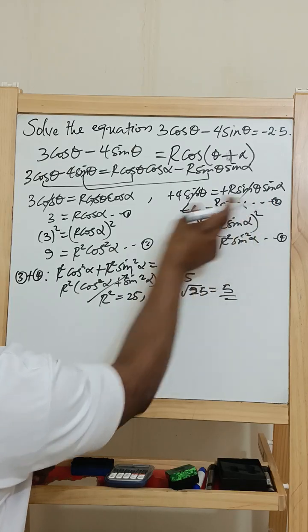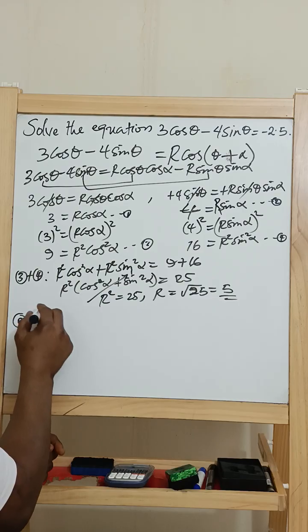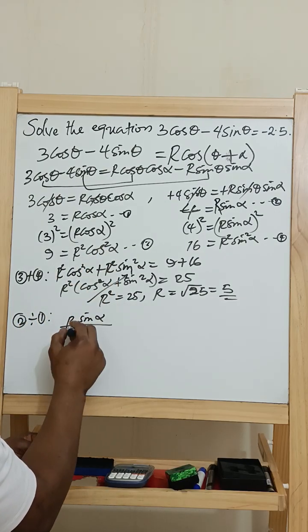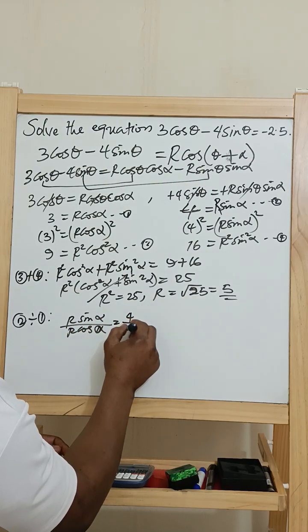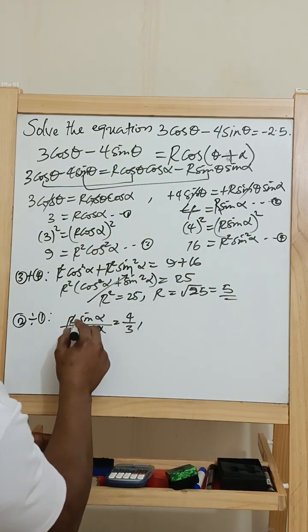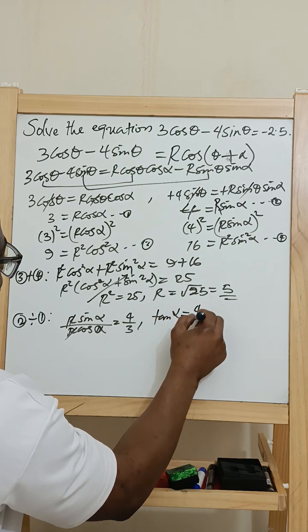So we say equation 2 divided by equation 1: r sine alpha over r cos alpha equals 4 over 3. The r cancels r, so tan alpha equals 4 over 3.